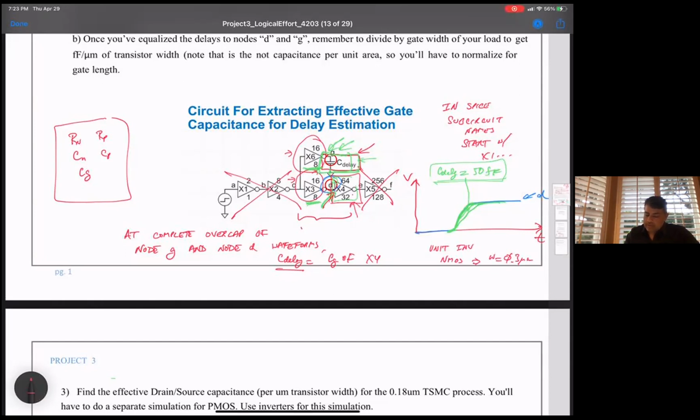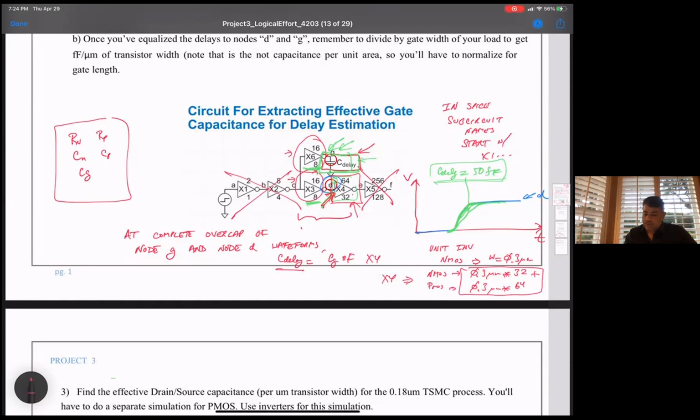So X4 will have an NMOS of 0.3 micron times 32, and then the PMOS will have 0.3 micron times 64. So that's the total gate width that node D has on it.